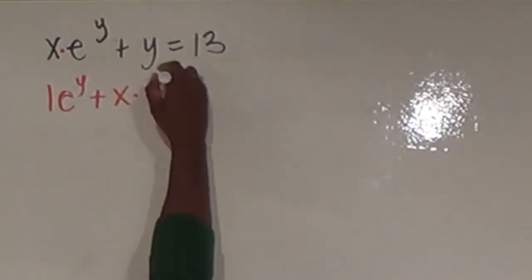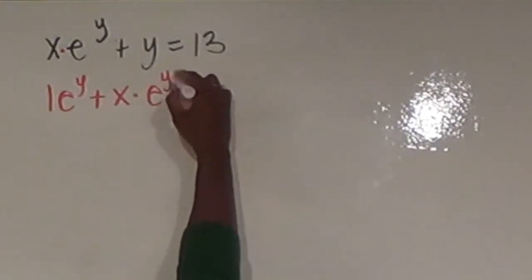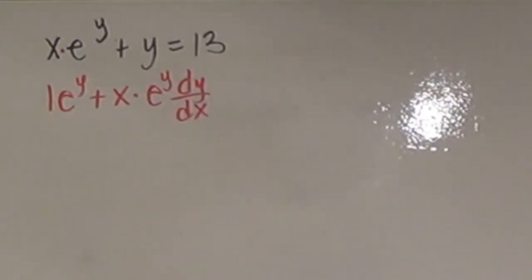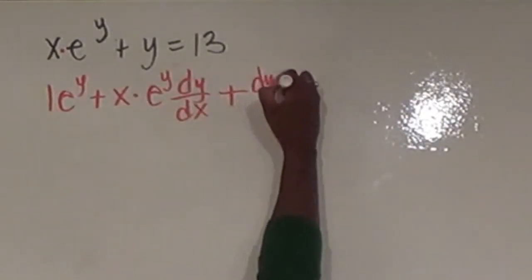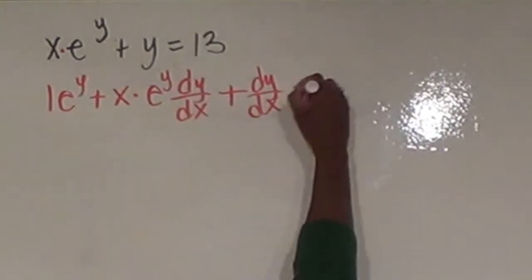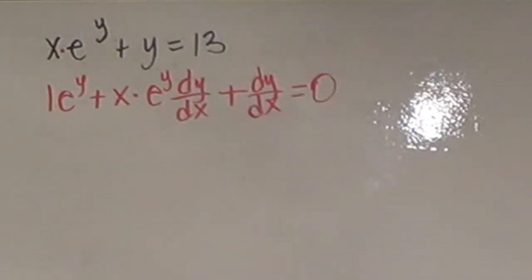So that says it's going to be e to the y times the derivative of the exponent, which again is just going to be dy dx, plus derivative of y, which again is dy dx, equaling our derivative on the other side, which is just 0.